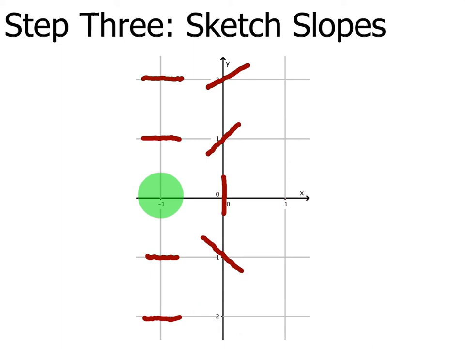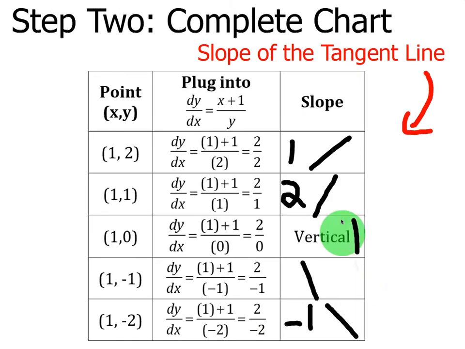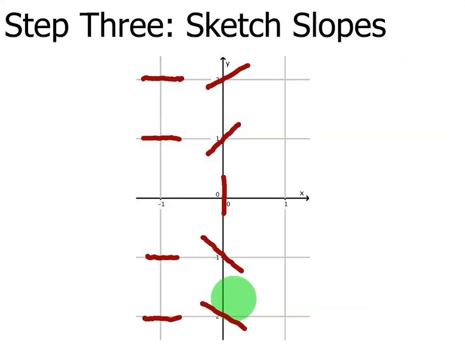And then, as you can see, I messed up. I didn't make it quite as slight as I should have. And that will complete my middle column. So again, I did -1 at (0, -1), and then -1/2 at (0, -2). My final column is going to go 1 for (1, 2). So let's sketch a slope of 1 there, or a 45-degree angle.